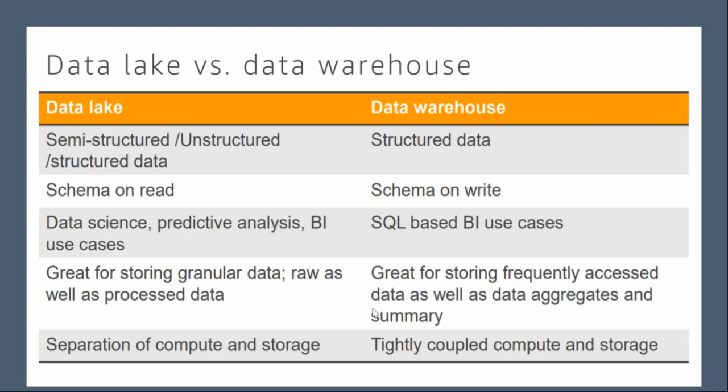But in the data lake, you store the data, let's say, in an S3 bucket or some other appropriate storage, which acts as your central data repository. But the compute depends on what tool you want to use for analysis. So let's say, for example, using Athena, which is based on Presto. That is what you will use for analysis.